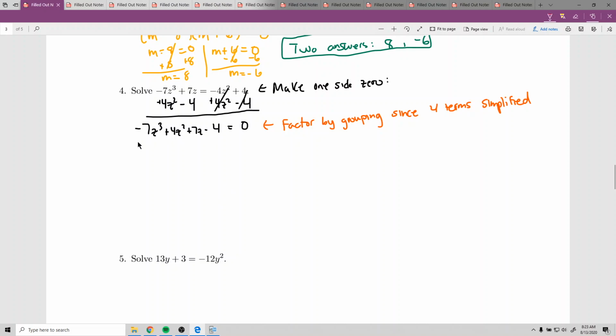To factor by grouping, we look at the first two terms and factor out the common factor there. These two terms have a z squared in common. The numbers aren't in common, but we have a z squared in common.